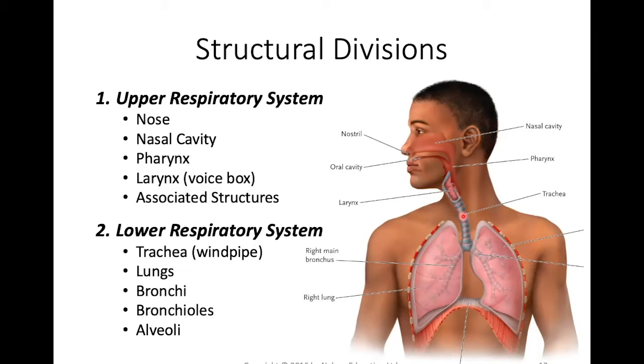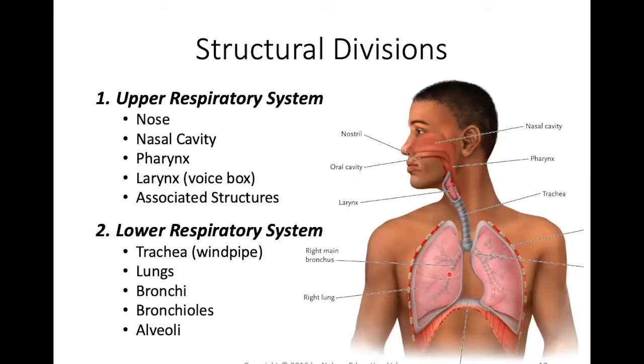Now, the trachea bifurcates here into left and right primary bronchi. And the primary bronchi are the structures that are ultimately going to be feeding each of our lungs. Okay, so you have two primary bronchi, a left and a right. Then we have further divisions of those primary bronchi into secondary and tertiary bronchi.